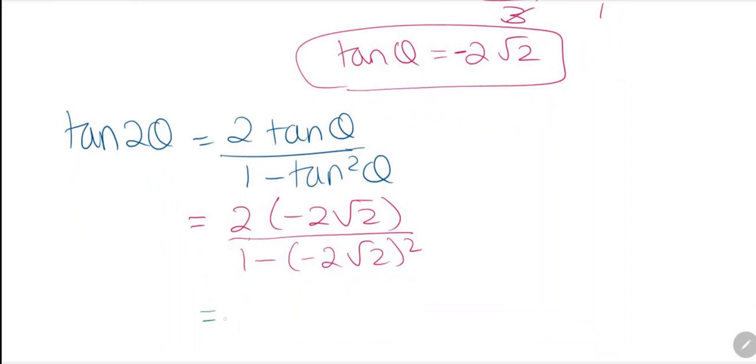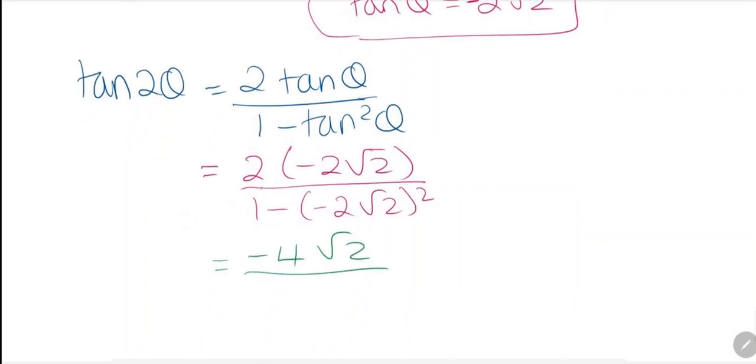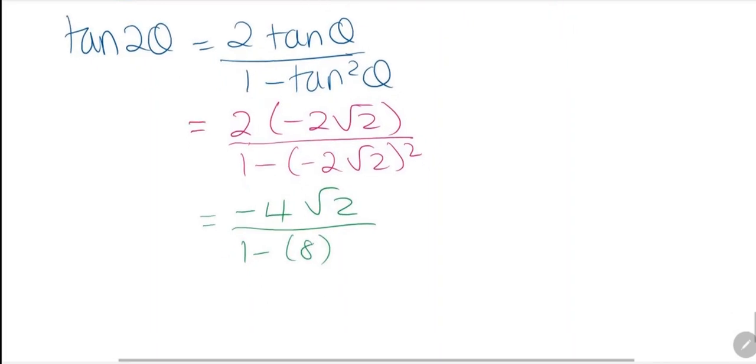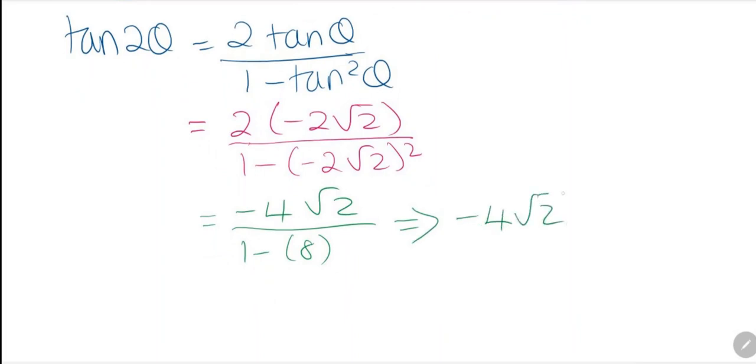Multiplying this out, 2 multiplied by minus 2 root 2 is minus 4 root 2. On the bottom, minus 2 squared is 4, and root 2 squared is 2, so 4 times 2 is 8, and that's 1 minus 8. So this is minus 4 root 2 divided by minus 7. The minuses cancel, and we're left with 4 root 2 over 7.